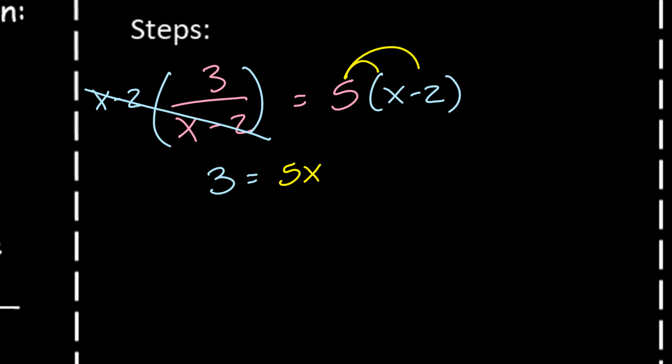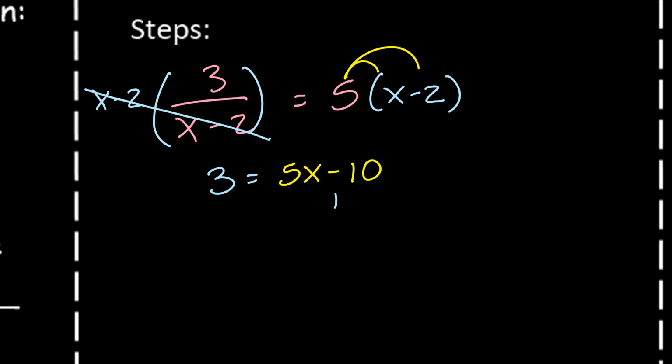Do you just multiply 5 times x and then put this? No, that is so wrong, right? That means that you're only thinking, okay, 5 is just multiplied by x and the negative 2 is just there. No, you also have to multiply the 5 times the negative 2 and you get? Beautiful.